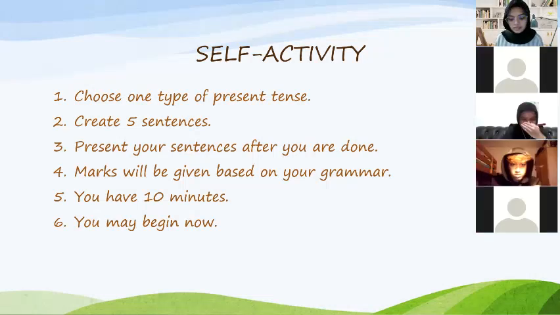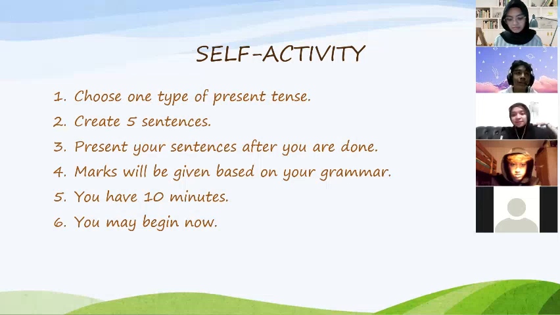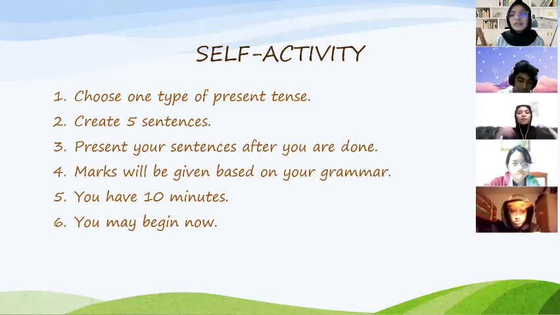Are you guys done? Yes, yes. Okay. I want you to present your sentences one by one and tell me what present tense you chose.